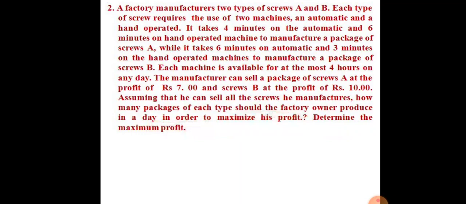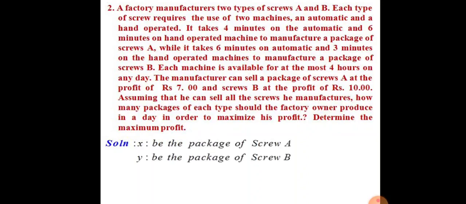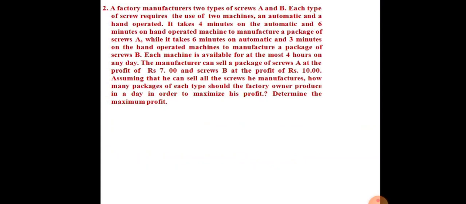Before constructing the table, we have to note the variables. Let X be the number of packages of screw A and Y be the number of packages of screw B. So construct a table by the given data.